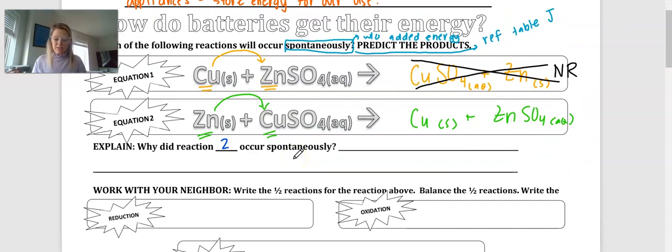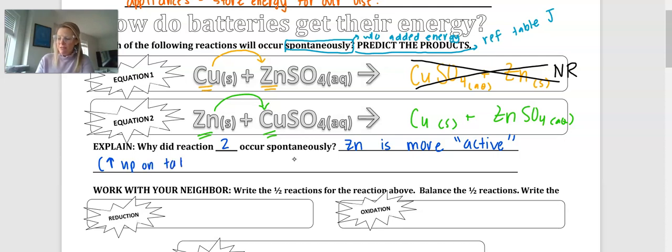According to reference table J, Zn is more active. What does active mean? It means that it's higher up on table J. When the metal that is in its elemental form is higher on table J, it is able to replace the metal from our compound without any added energy.